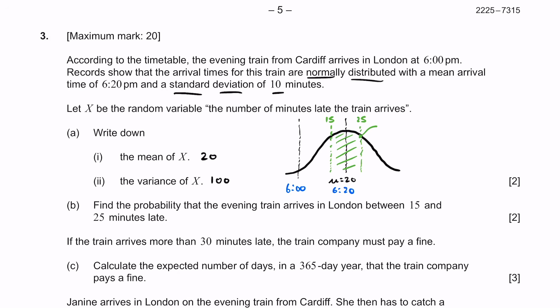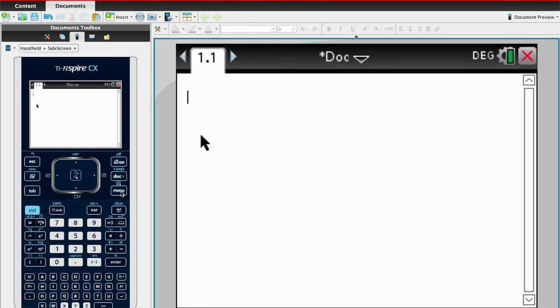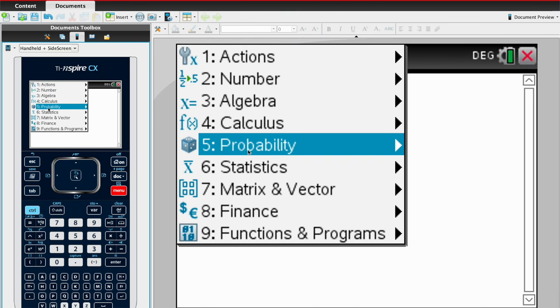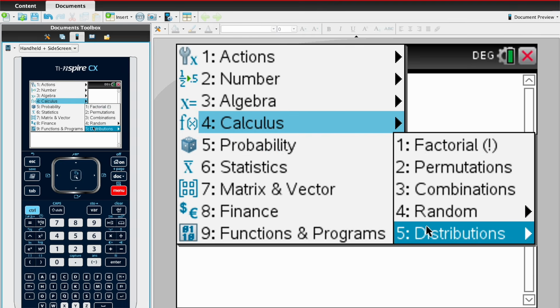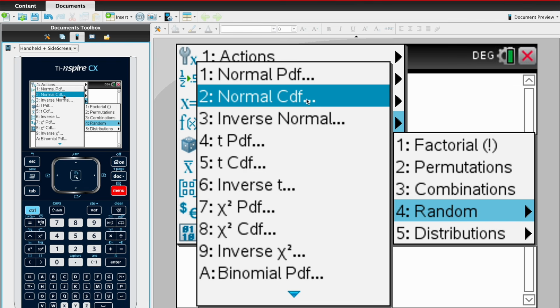We're asking essentially the probability that a train arrives, where x is the number of minutes late, between 15 and 25 minutes late. For this, we can go to the calculator and look at normal distribution. Let's go menu, probability, distributions, and we want normal CDF.